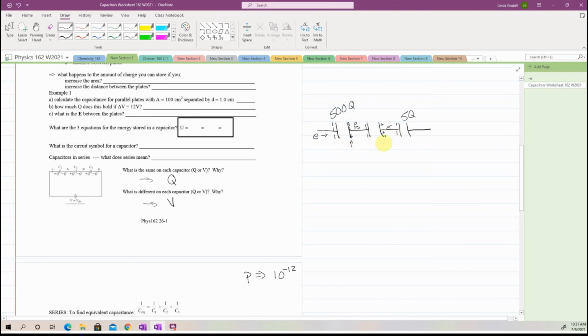Once a plate has filled, so it's taken the most amount of charge that it can handle while balancing the attractive and repulsive nature of each, then that means I can't get any flow. So say this 5Q is full, it's going to exert a force from those electrons, the repulsive force between the electrons, and I can't get anything else coming this way, because this is just going to stop everything.